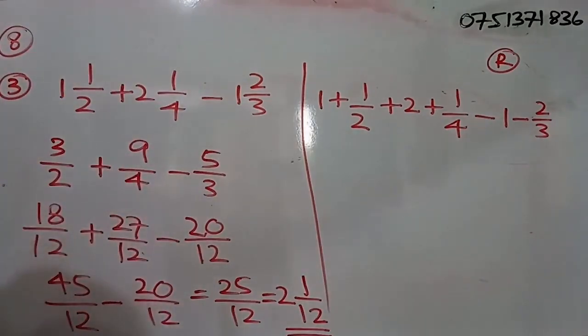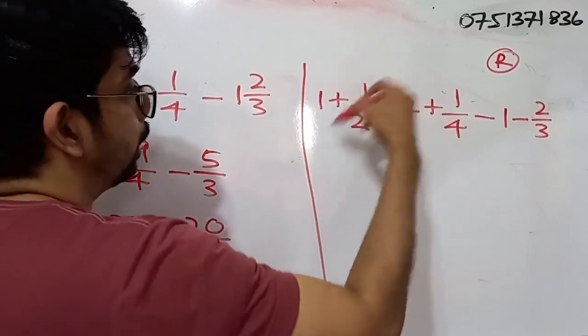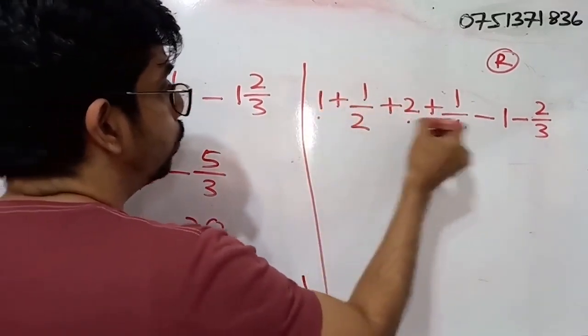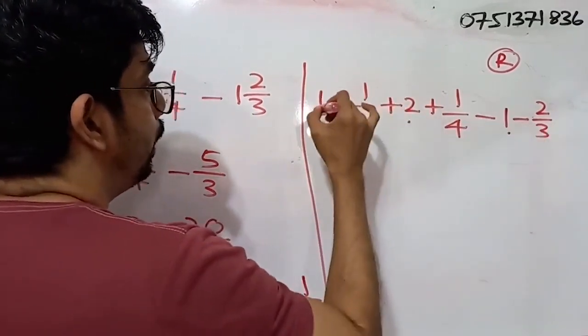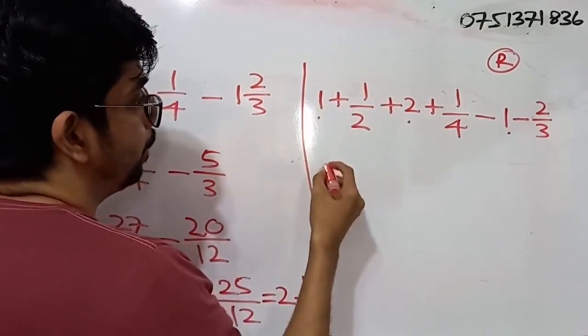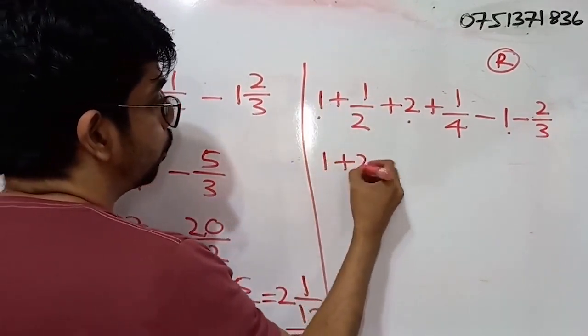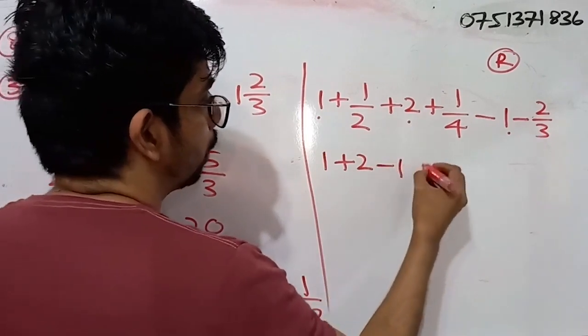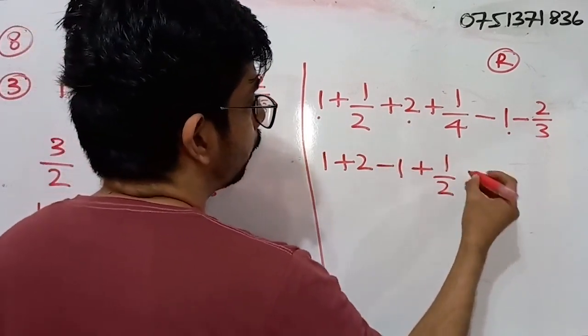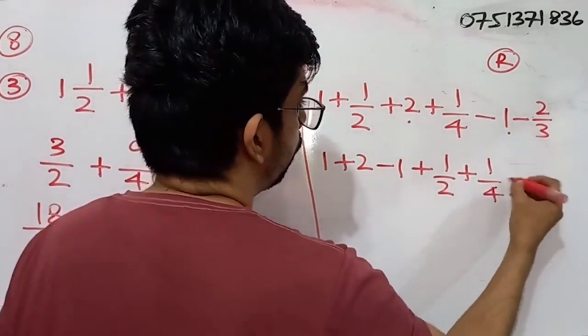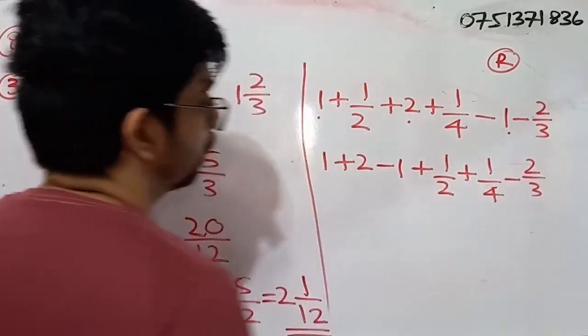Right. Now take the whole number parts. 1, 2 and 1. So here, I'll simply rewrite this so it will be clear for you. 1 plus 2 minus 1 plus half plus 1 by 4 minus 2 by 3.